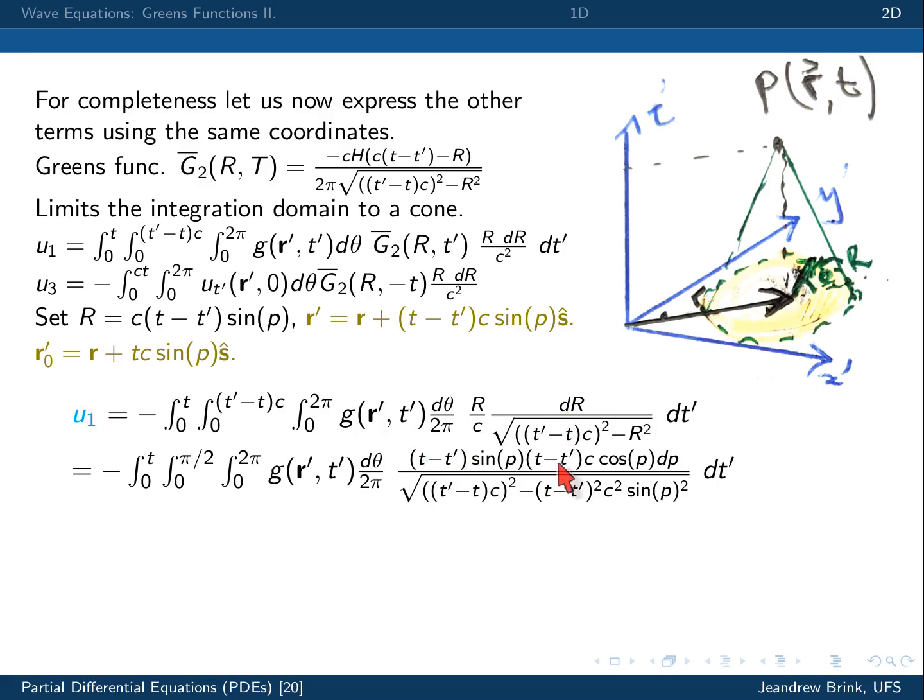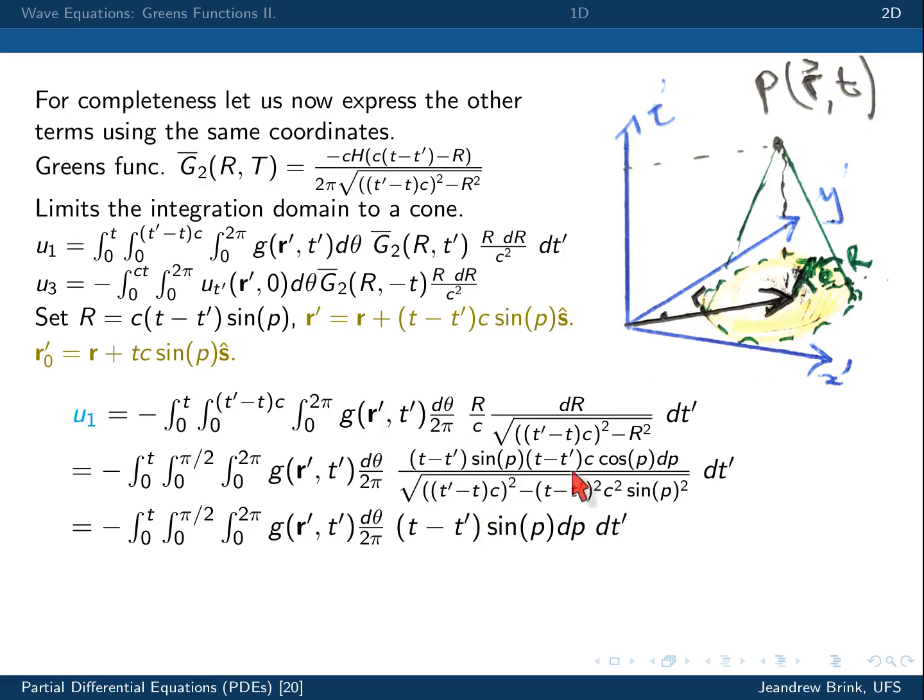Our dr is just (t minus t') c cos of p dp. Okay, and then the square root is just the same trick that we did for the u2 case. It's simply this factor squared minus r squared, which is then expressed in that way, which is then just a cos. Okay, so you simplify it and you have a (t minus t') cancelling out at least one of these.